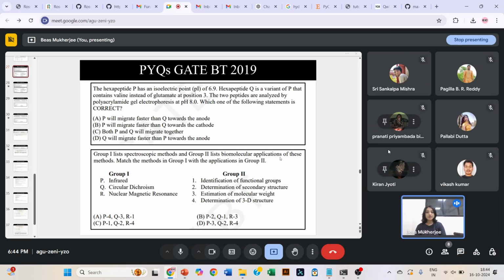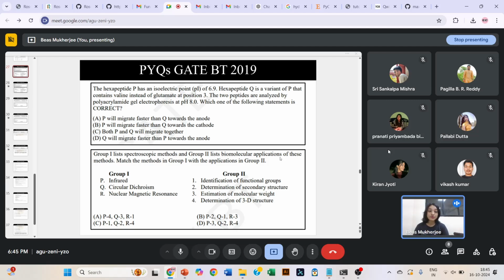Okay. So hexapeptide P has an isoelectric point PI of 6.9. Hexapeptide Q is a variant of P that contains valine instead of glutamate. Glutamate means it is going to be acidic, valine is not going to have any charge, right? The two peptides were analyzed by PAGE at pH 8.